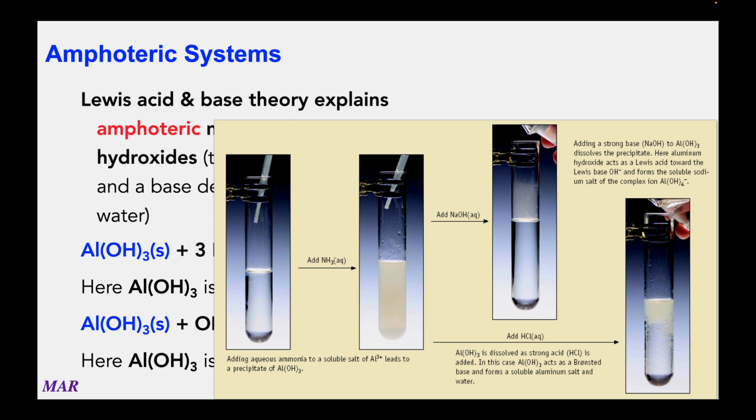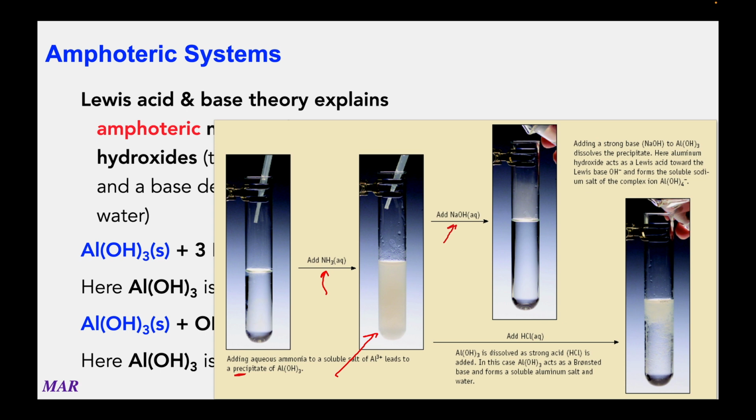On the far left-hand side, this is aluminum 3+ by itself, all right? And aluminum 3+ is really soluble in water. And when they add just a little bit of ammonia, ammonia is a good source of hydroxide. So this white solid you see right there, that's AlOH3 solid. And then depending on what you do with it, it can act as an acid or a base. So on the top part up here, you're adding hydroxide.